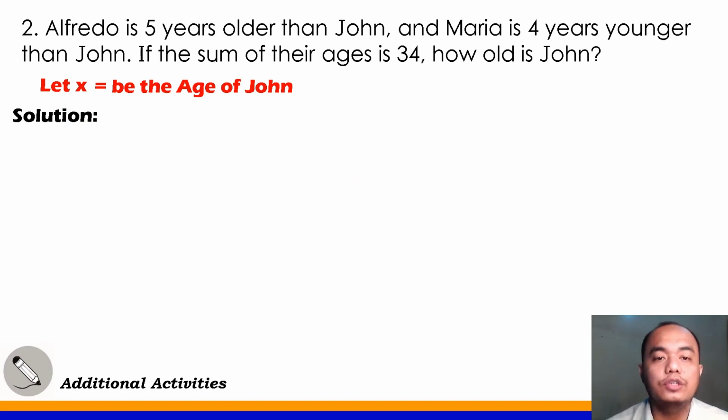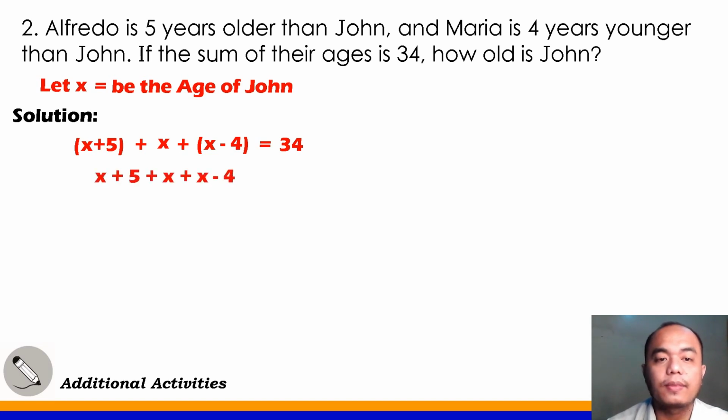Now, here's the solution again. X plus 5 plus x minus 4 equals 34. Okay? Now, since we have only addition and subtraction here, okay, let's erase the parentheses, no, para mas madali. So, that become x plus 5 plus x minus 4. That will give you 34.